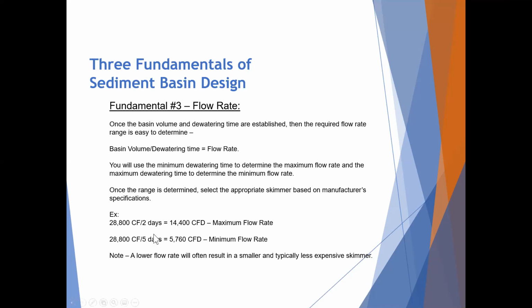So for our example, if we had 28,800 cubic feet and we wanted to drain it in 2 days, we'd have a skimmer that flowed at about 14,400 cubic feet per day. Or if we wanted to drain it over 5 days, we'd have a much smaller skimmer, or reduced flow, of 5,760 cubic feet per day. It is worth noting that a lower flow rate will often result in a smaller and typically less expensive skimmer for your contractor and client.